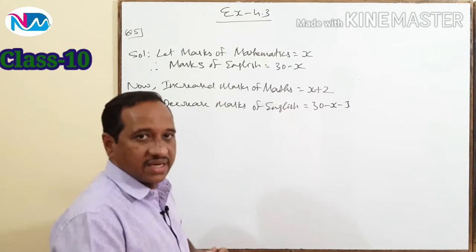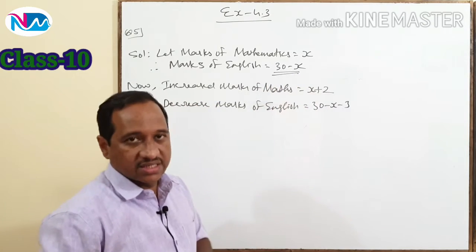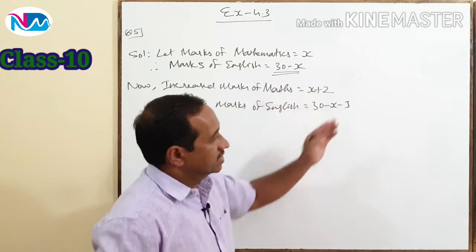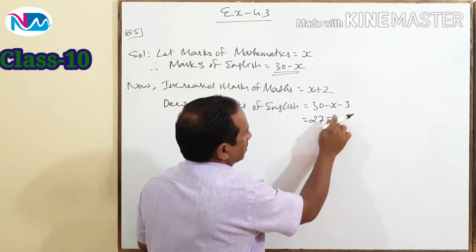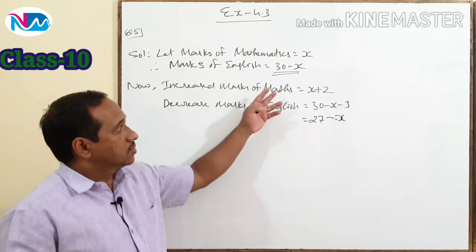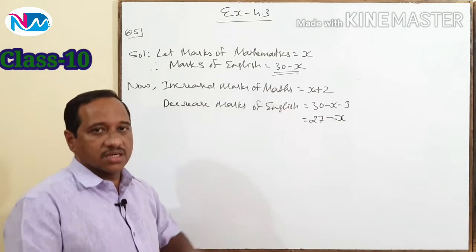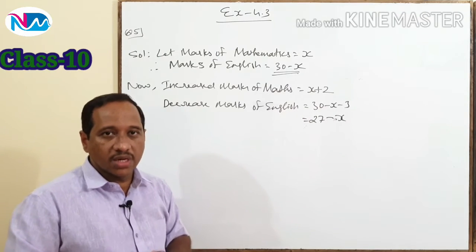That means 3 less in English. Originally, the marks of English is 30 minus x, minus 3. 30 minus 3, 27 minus x. So this is the increased marks of mathematics, and this is the decreased marks of English. According to the question, product of these marks will be 210.